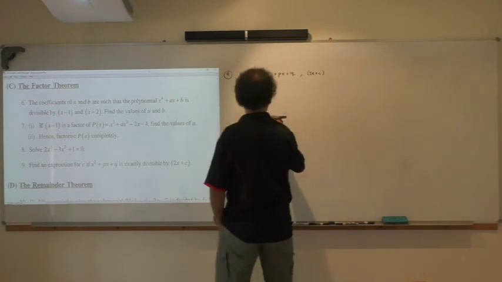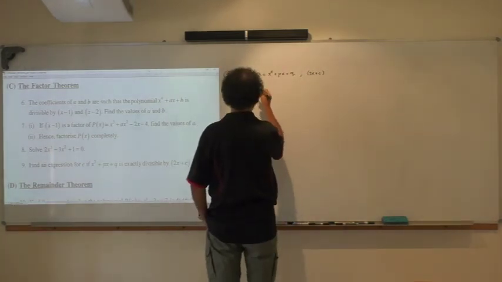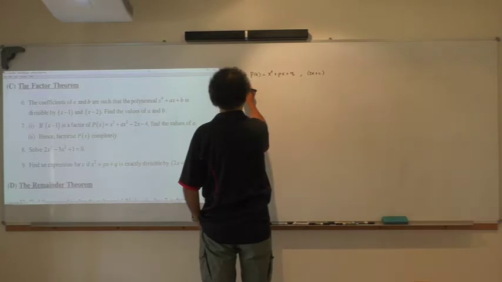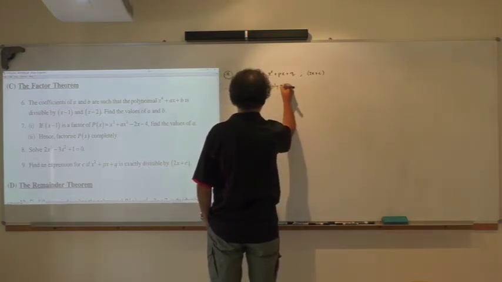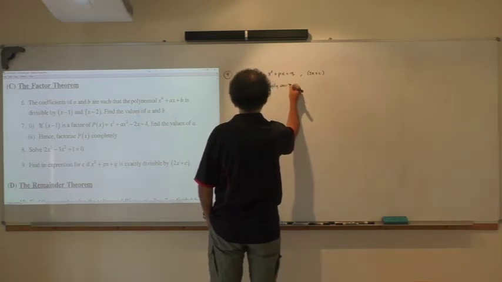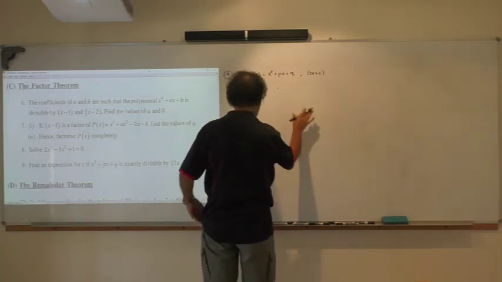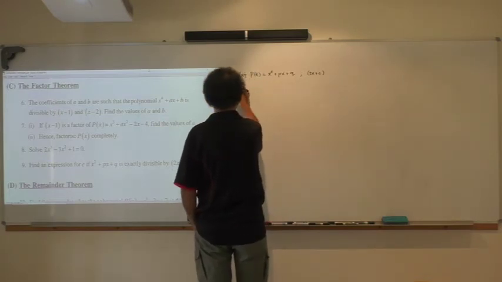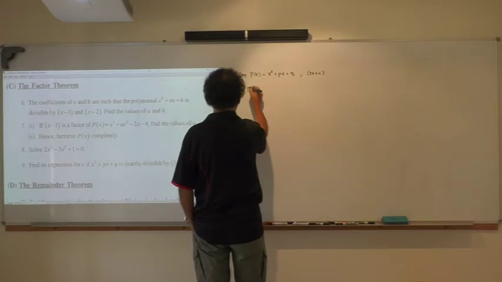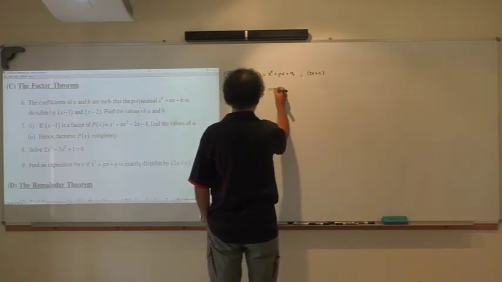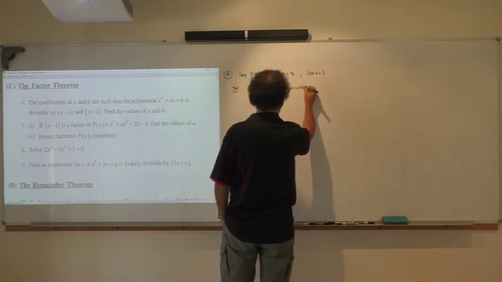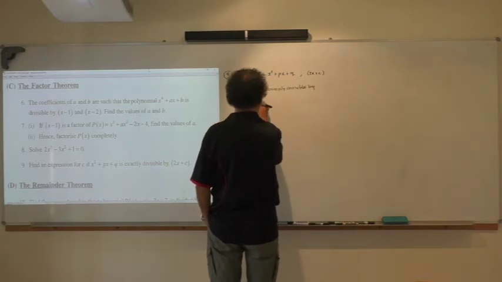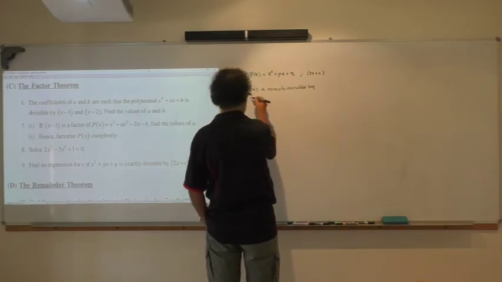Okay, so we're going to say p of x is exactly divisible by 2x plus c.